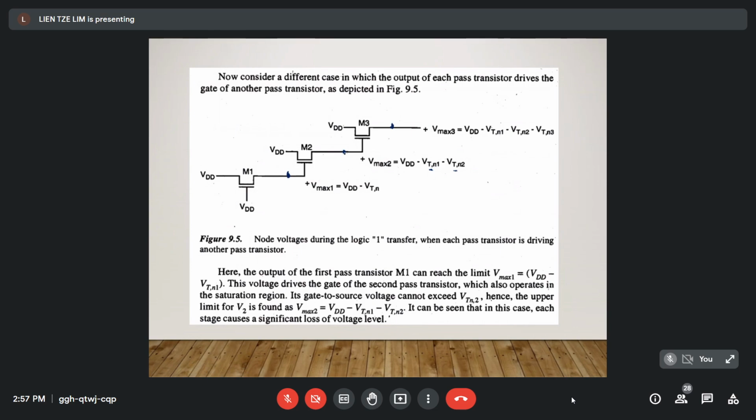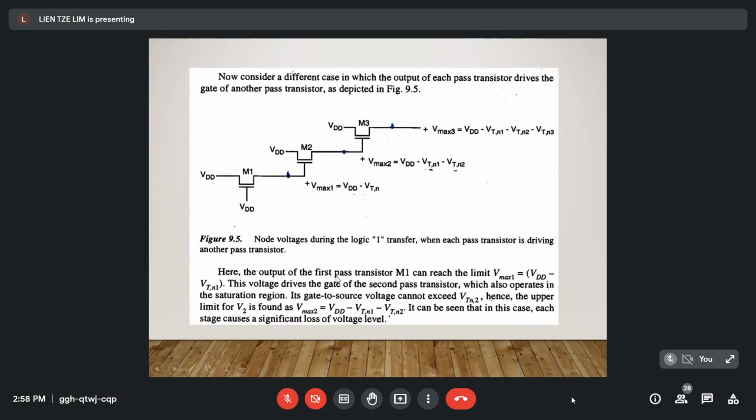At this node, since the signal passed through 2 transistors, the threshold voltages of both transistors need to be subtracted. And for this one, VDD needs to be reduced by the threshold voltage of M1.